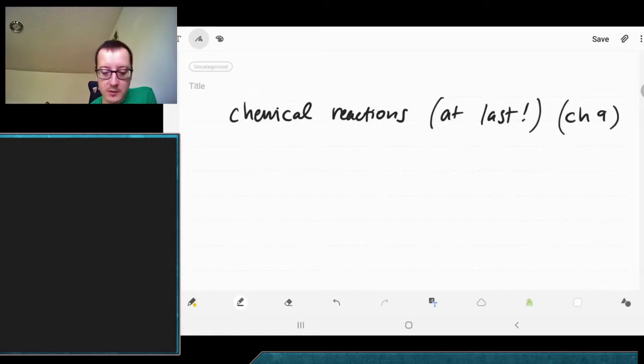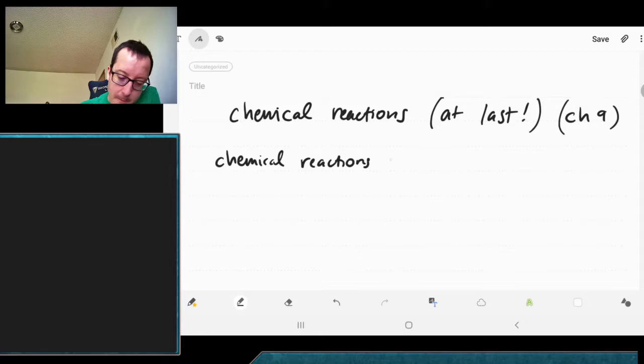So here we go. We're finally going to be talking about chemical changes. Remember that when we talk about chemical changes, we're involving changing composition of something. We've talked about physical changes almost the entire semester. We'd be taking a gas and moving it into a different container.